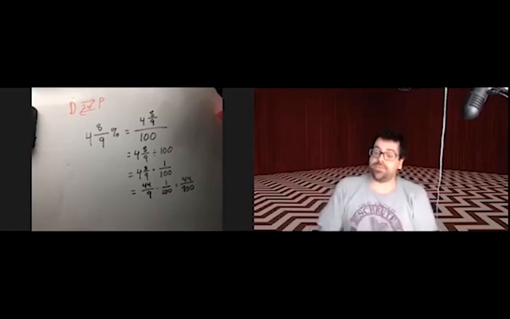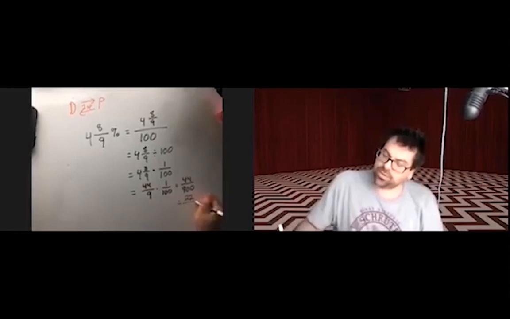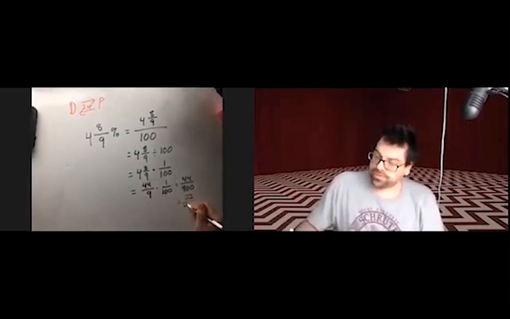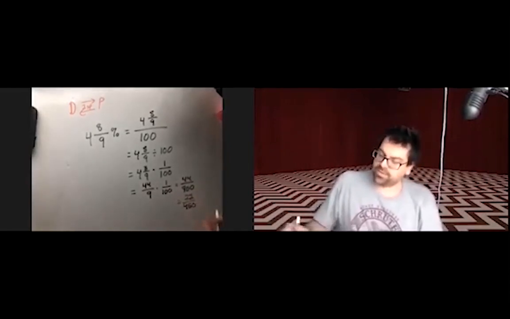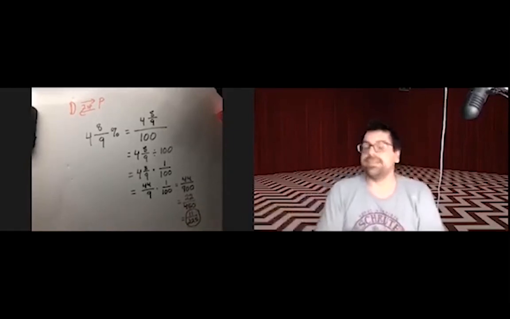This reduces, they're both even. Divide them both by 2, 22 over 450. They're both even. Divide them both by 2. 11 over 225. So 4 and 8/9% is 11 over 225.